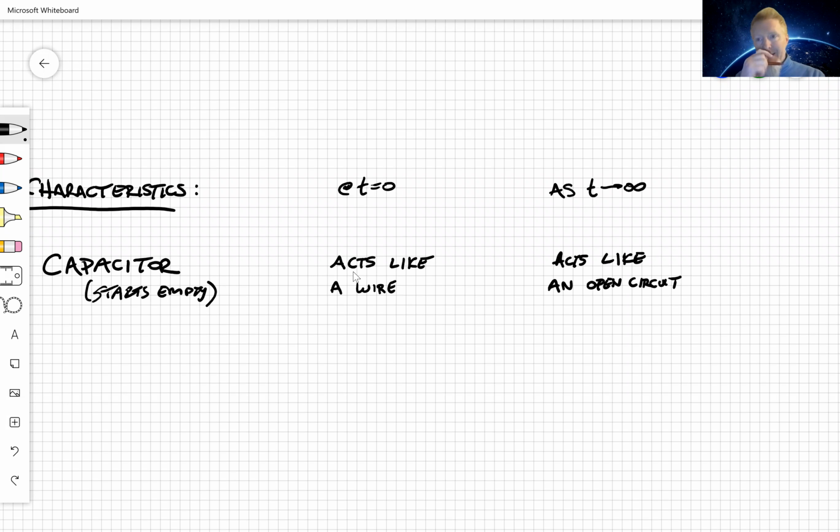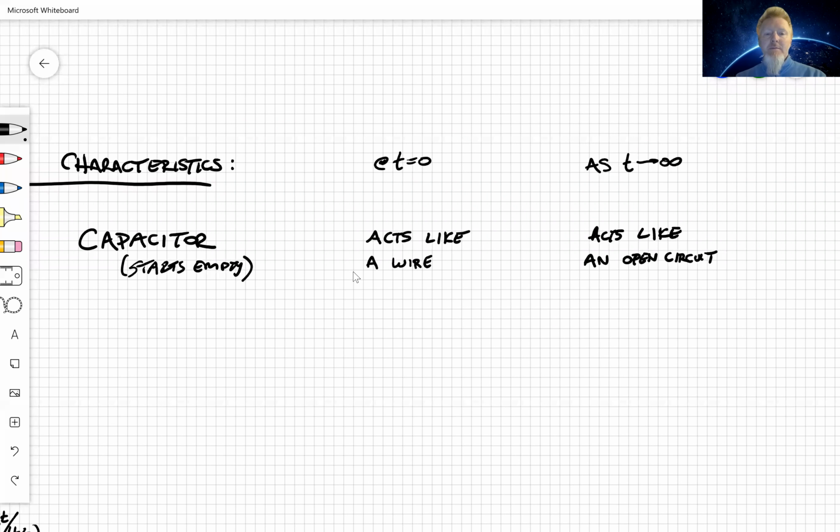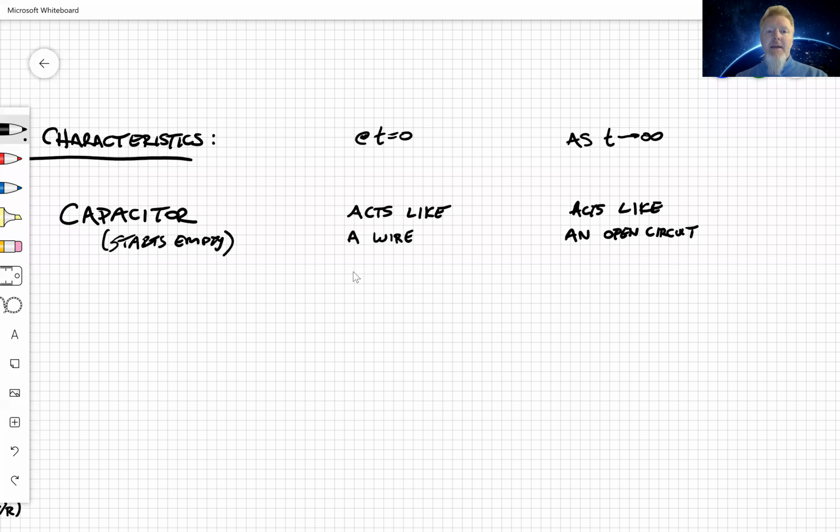It acts like a brake, like an open circuit, like you've turned it off, right? You have stopped current from flowing in that branch with the capacitor in it. Initially, it acts like a short, like there's nothing there.